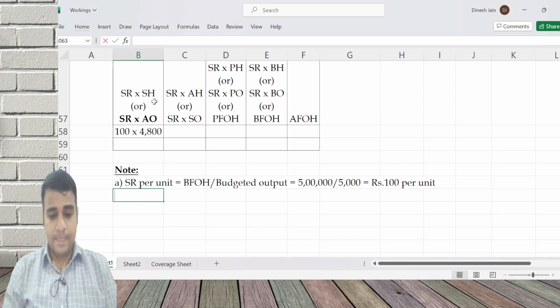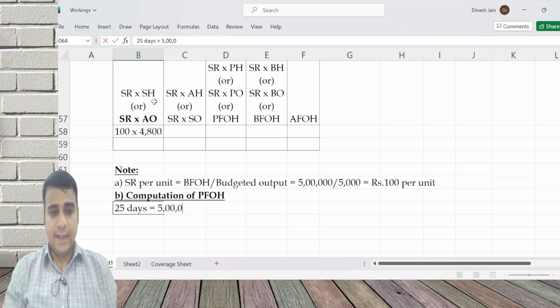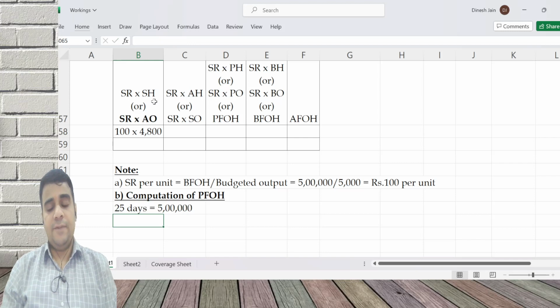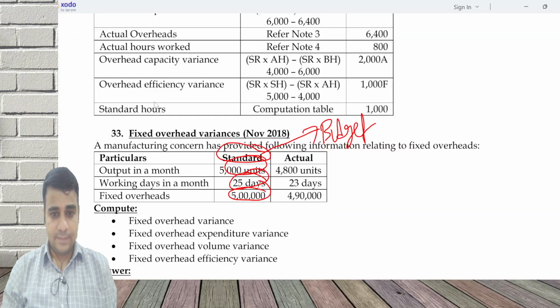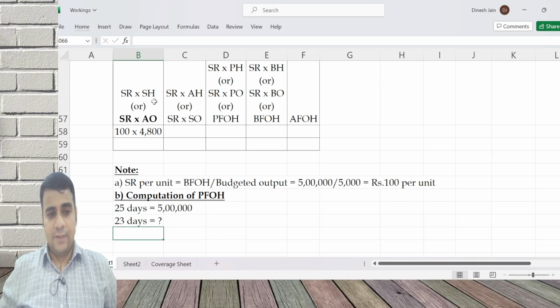Point number B, computation of PFOH. 25 days equals 5 lakh. 23 days equals question mark.